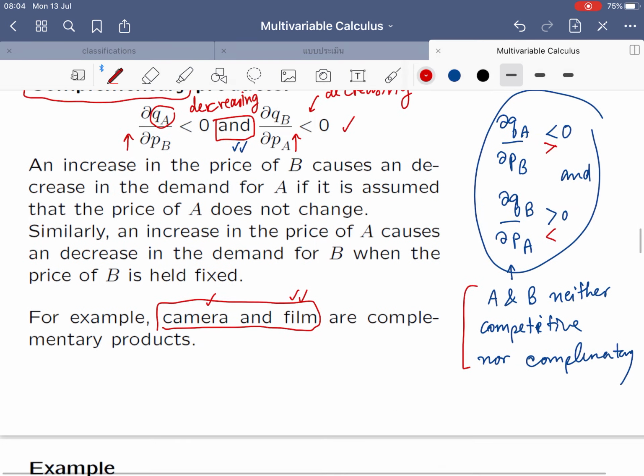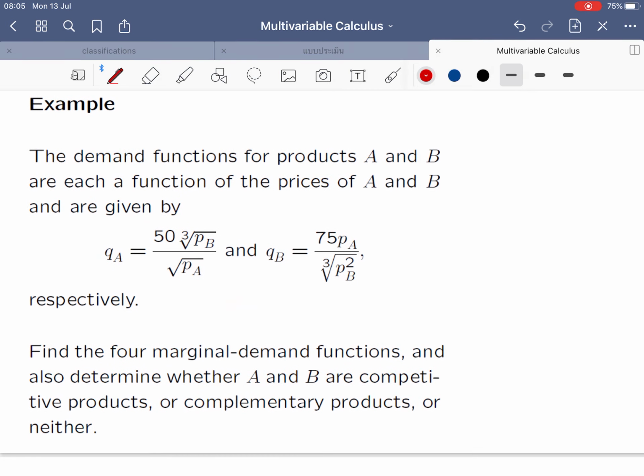So for example, suppose the demand functions for product A and product B are defined by this QA and QB. You can simplify a little bit. This one is actually PA raised to the power negative 1/2 and PB raised to the power 1/3, and for this one it is 75 PA and PB raised to the power negative 2/3.